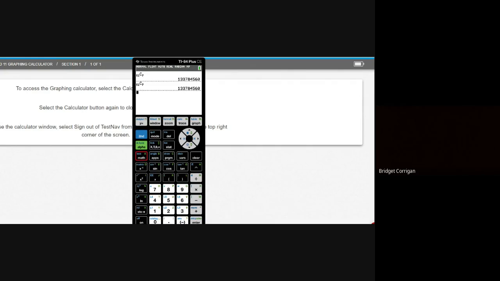Out of a 52 card deck, there are 133,784,560 different ways you could get dealt 7 cards, which is kind of crazy.